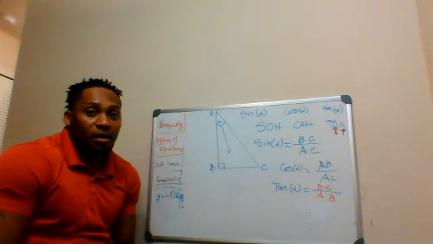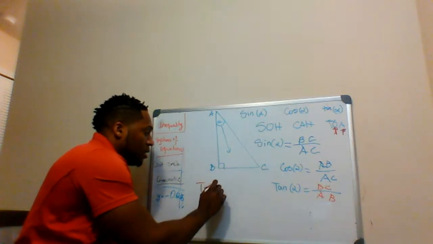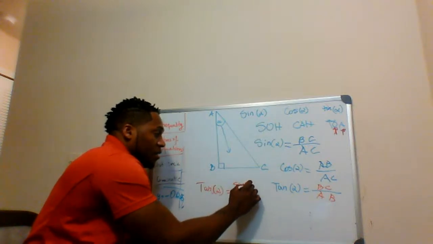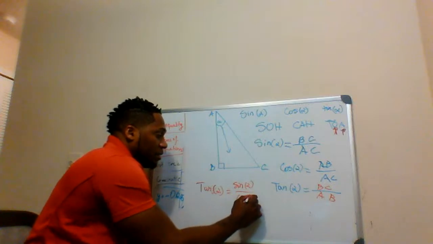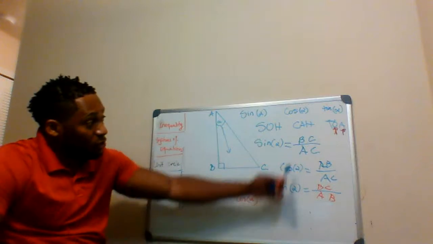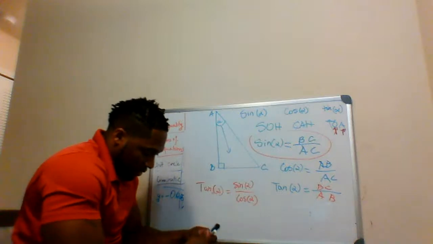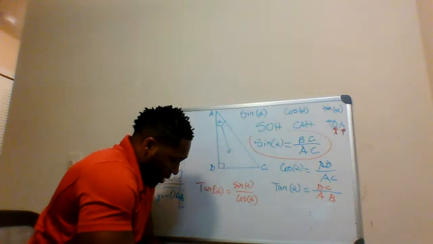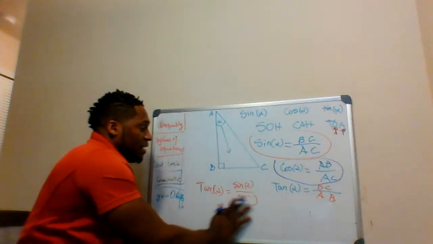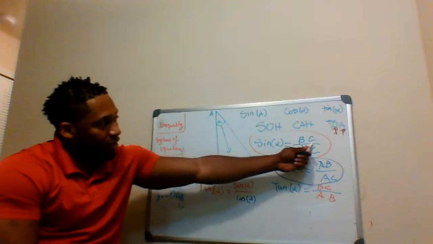Now here's the trick. Tangent of alpha is also equal to sine of alpha divided by the cosine of alpha. And let's verify if that's true. So sine of alpha is this guy, the cosine of alpha is this one. So let's see what happens if I divide this whole thing by this.